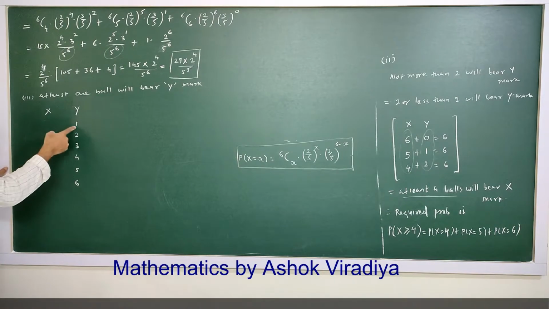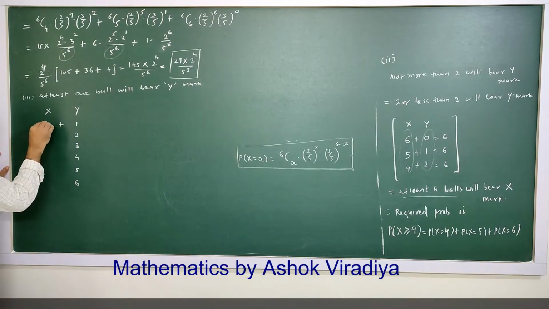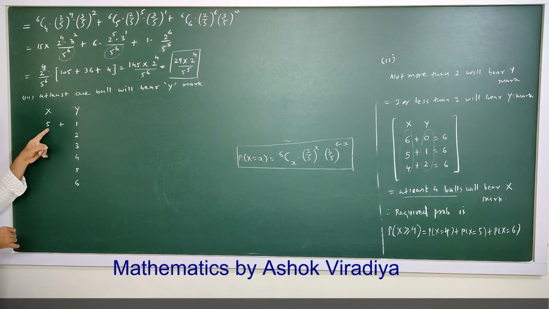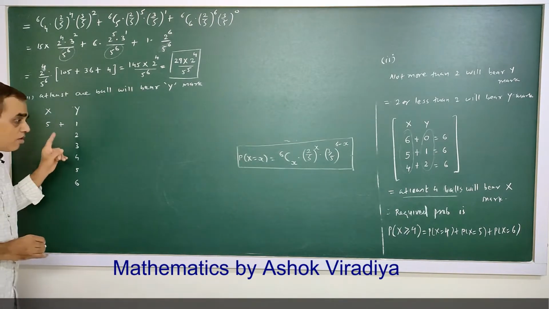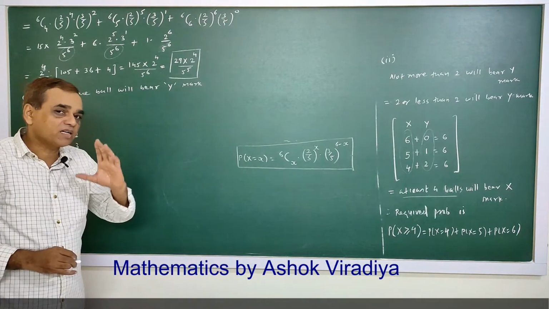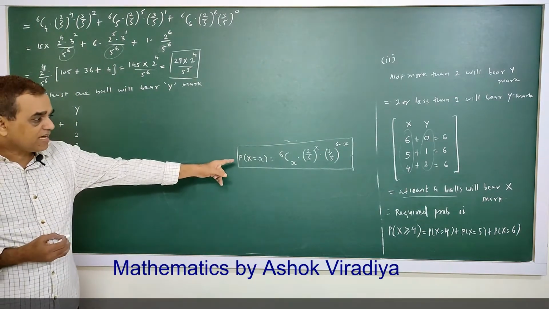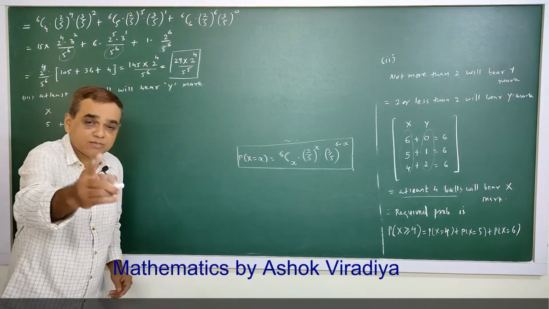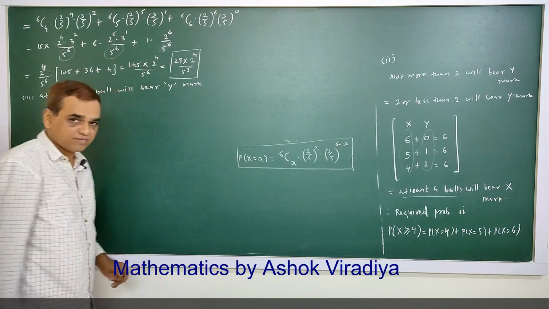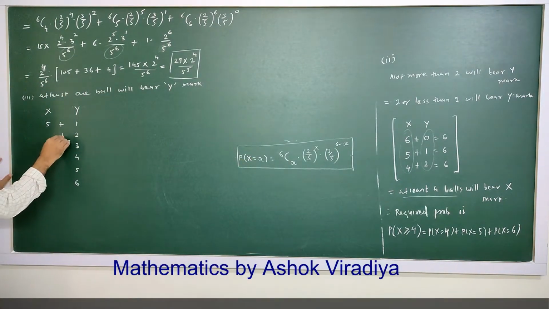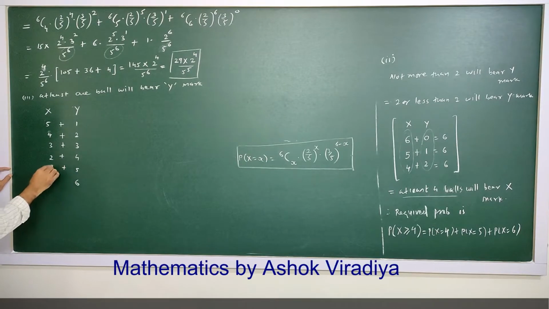Now if one ball bears Y mark, at the same time 5 balls bear X mark. We have to find the corresponding number of X mark balls, because here we considered X as the number of successes, and success means X mark, not Y mark. When Y is 2, X is 4, then 3, 2, 1, 0.